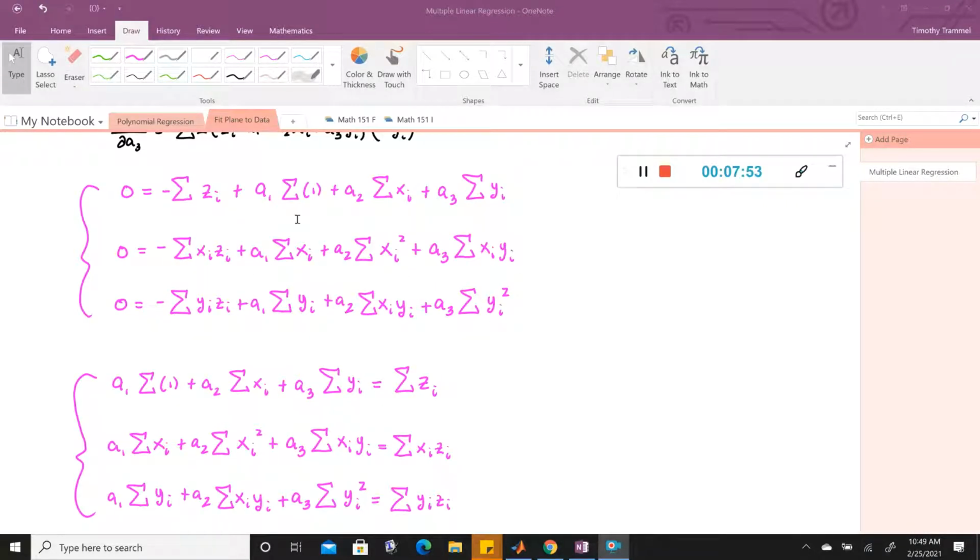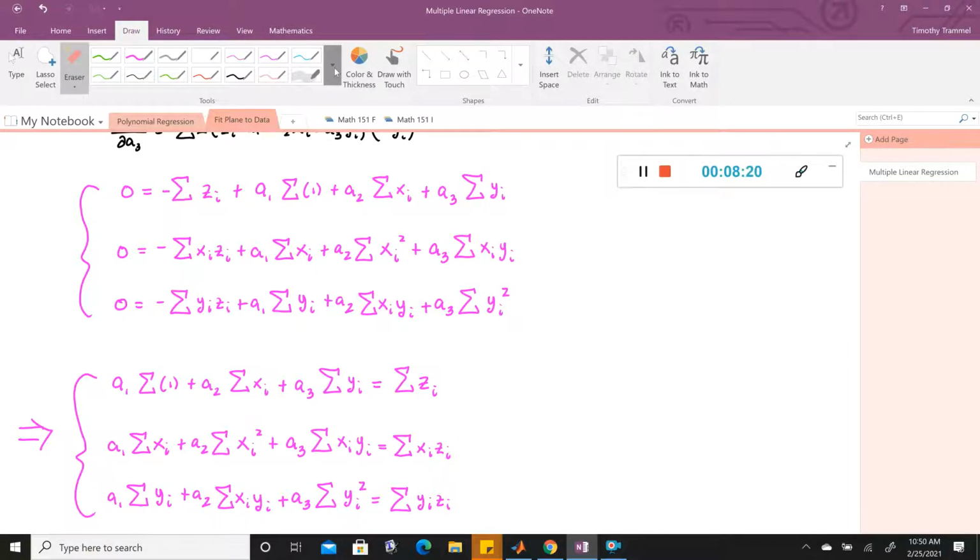All right, so I've added in this extra line, and all we've done is we took all these first terms in each equation and added them to the other side. You can see they're now over here on the right. Okay? And so there aren't any negatives in front of any sums here anymore.